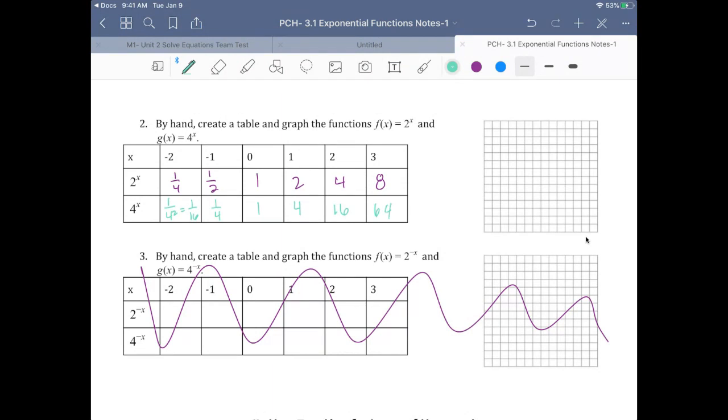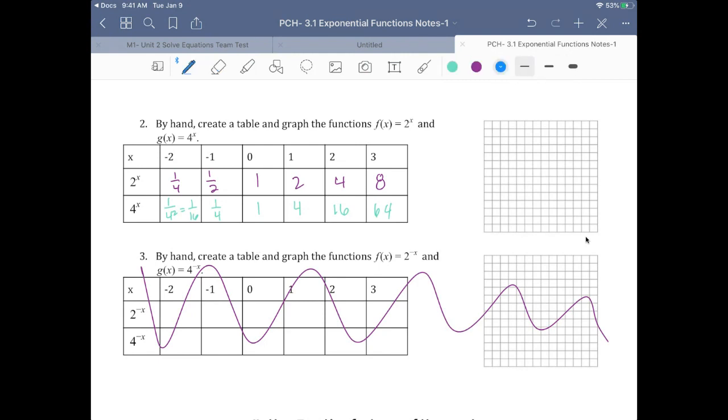Exponential growth from a table, remember, is that we're multiplying by the same value each time. Okay, so a constant multiplier. What's the constant multiplier of 4 to the x? Well, that would be times 4. Okay. We're going to go ahead and graph these really quick.